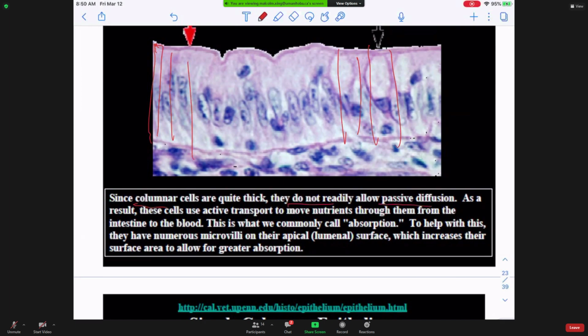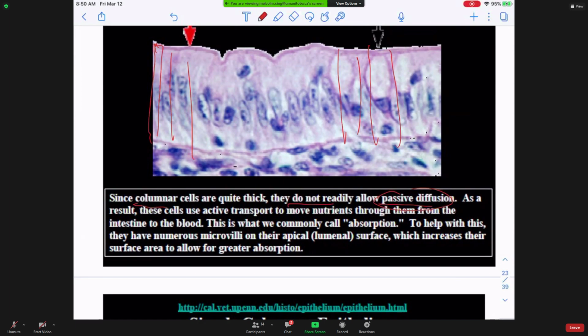So what is passive diffusion? Passive diffusion is based on the diffusion principle: if you have a high concentration, it can diffuse into a low concentration.